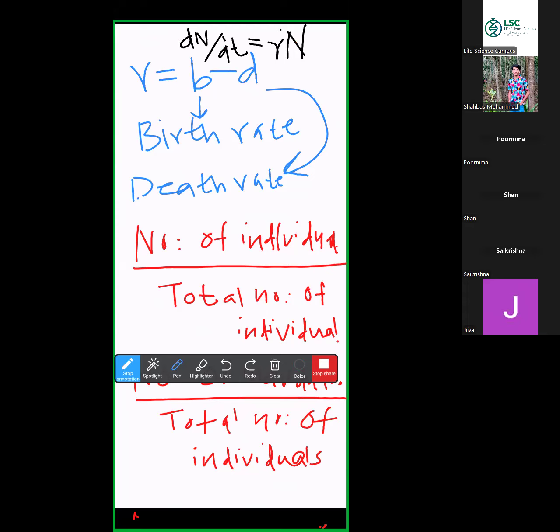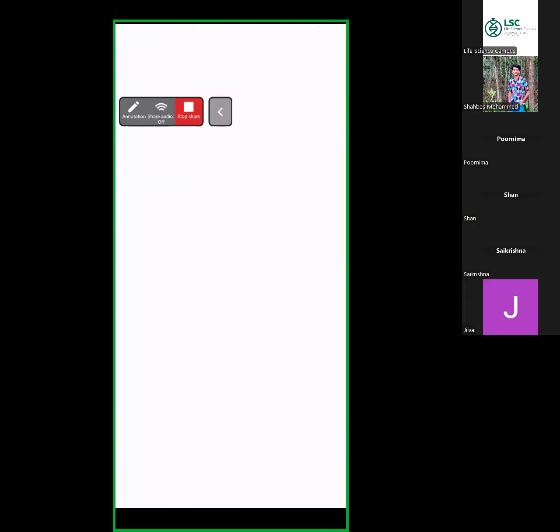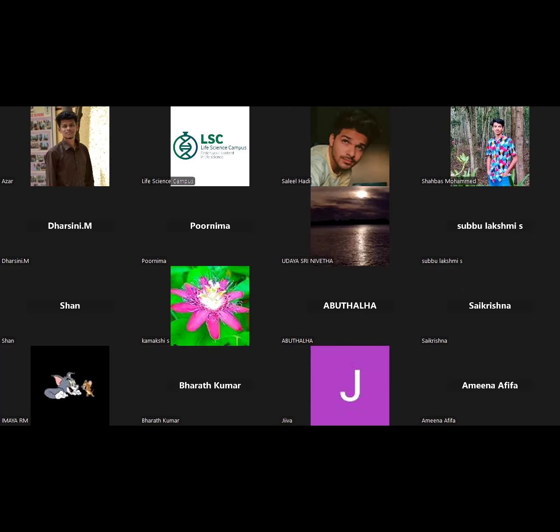And this R is given by another equation, that is B minus D, where B is the birth rate and D is the death rate. In order to find out birth rate, we have number of individuals born divided by total number of individuals. And for finding out the value of death rate, we have number of individuals died divided by total number of individuals. Is it clear? Yes, yes.